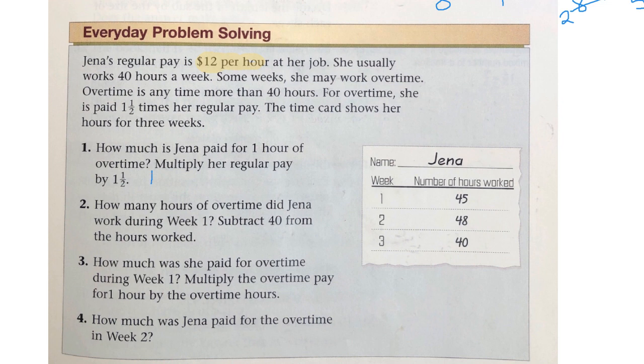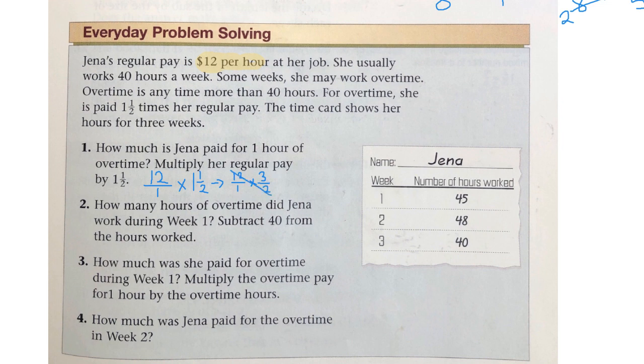So 12 we can turn into an improper fraction times 1.5. So now that becomes 12, and turn 1.5 into an improper fraction. So 2 times 1 plus 1 is 3 over 2.